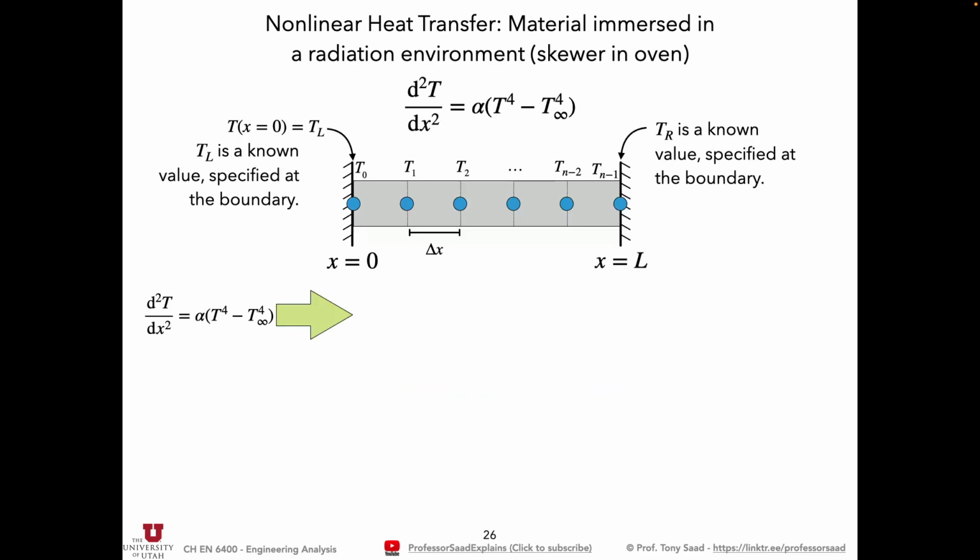And we convert this like we did with the other problem. We convert the differential term into an algebraic term. And then you get an equation that looks like this at any one of these points on the interior. Again, you will do something like this for your project. So you're fairly familiar right now with this procedure, how to put these equations at every point.